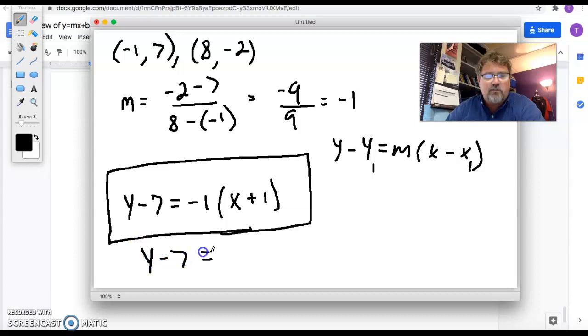So distribute your negative. You'd get negative x minus 1. Oops, I got a little sloppy there. Now we just add 7 to both sides. So you'd have y equals negative x plus 7, and negative 1 and 7 combined give me a 6.